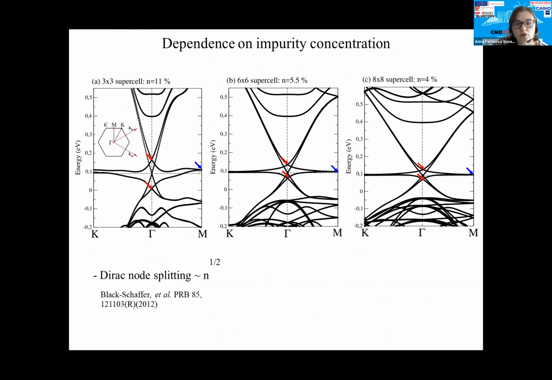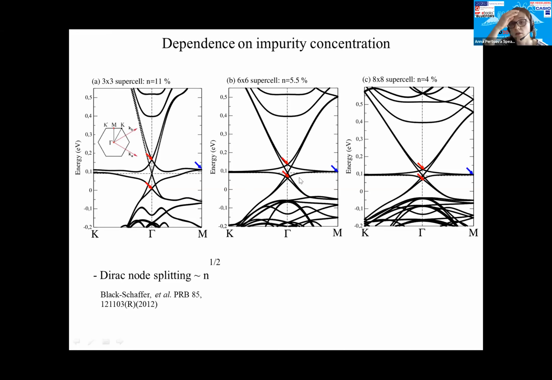If we focus on the particular situation when the impurity resonance is exactly at the Dirac node, we can show that the splitting of the original Dirac node depends on the concentration of the impurities.